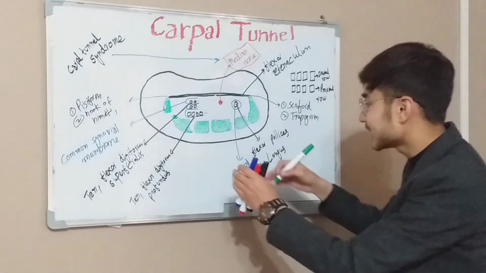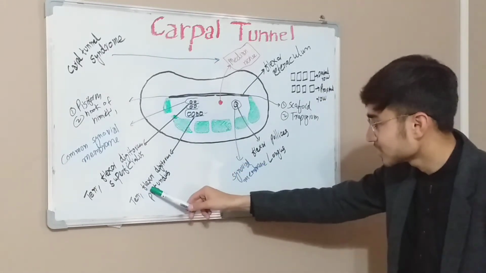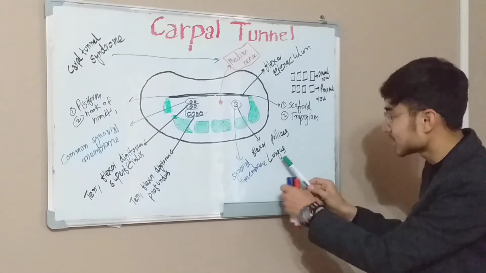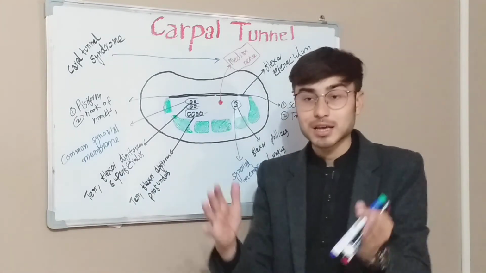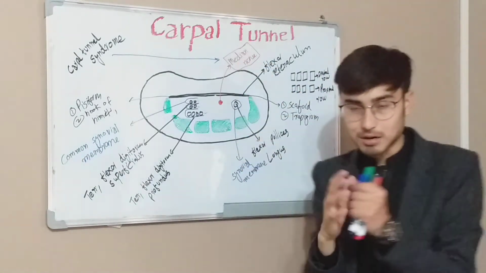And this compression can be caused by multiple reasons, right? It might be that the tendons of the flexor digitorum superficialis, the flexor digitorum profundus, and the flexor pollicis longus swell, then what will happen? The median nerve will be compressed, right?